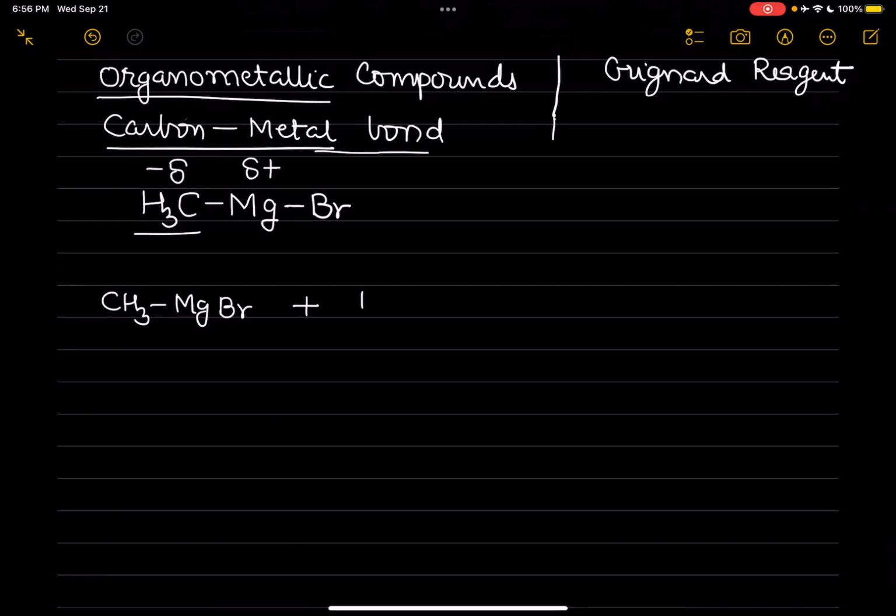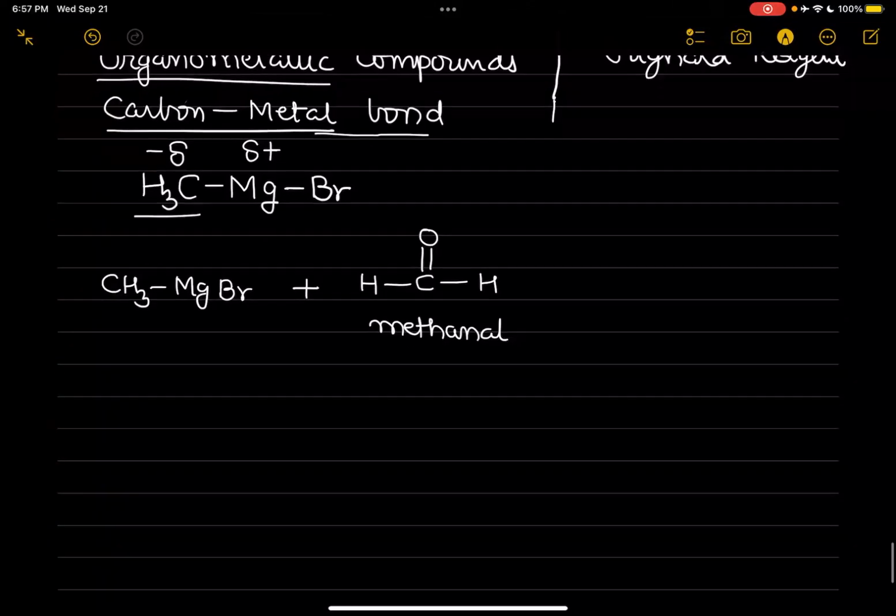Imad, Anushka? So from this reaction, CH3 and... No, overall, the smallest aldehyde. Actually you need to have hydrogen, the smallest aldehyde has just one carbon and a double bond. But which aldehyde is this? Methanal.